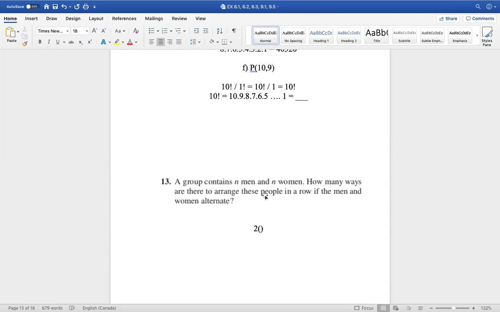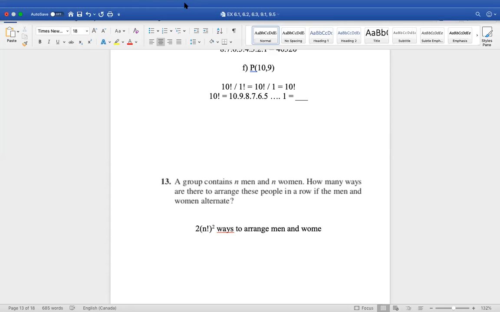Because there are men and women, and there are n men and n women. So we take n factorial, two, ways to arrange men and women.